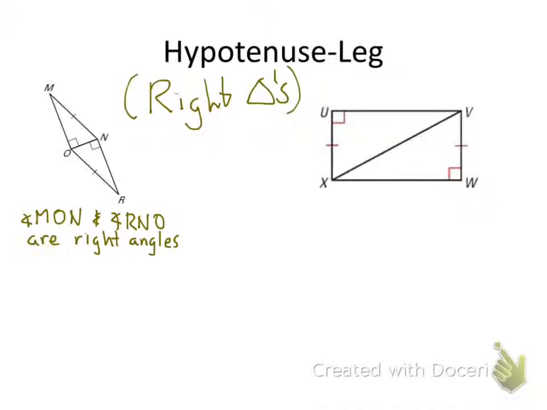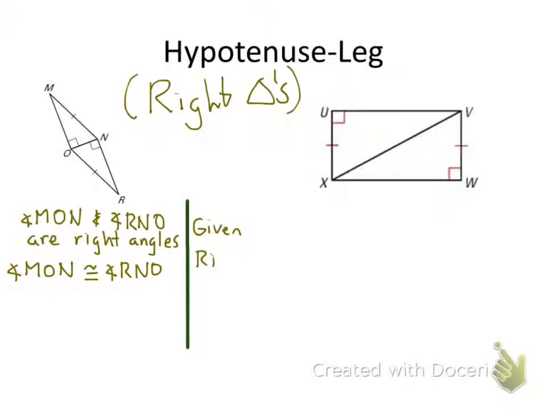The reason we know that is it's given to us. Now, that doesn't say they're congruent, I guess I should say. But we can now say that angle MON is congruent to angle RNO because right angles are congruent.